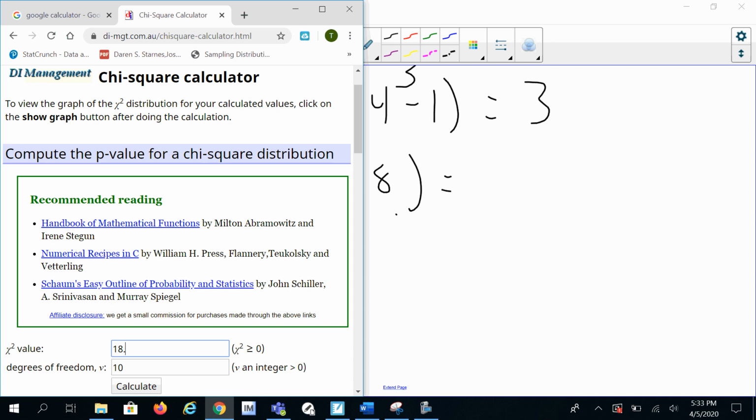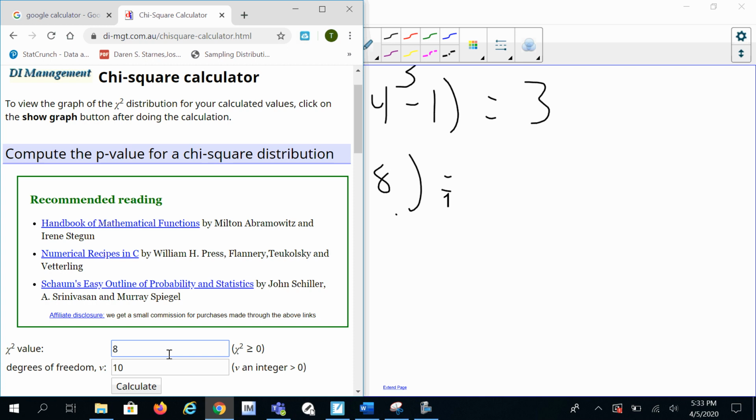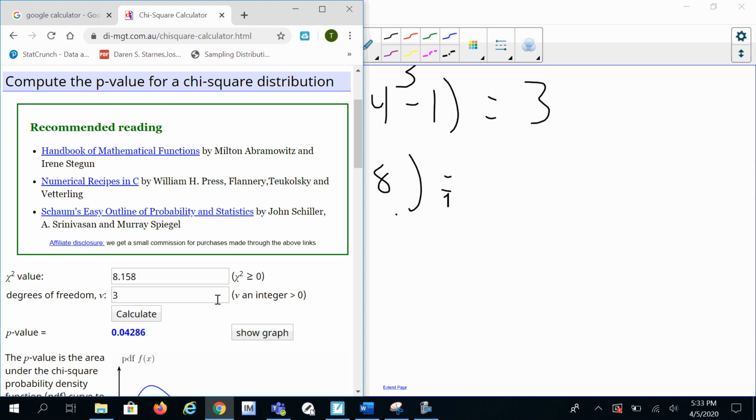So chi-square was 8.158 with 3 degrees of freedom. P-value 0.04286.